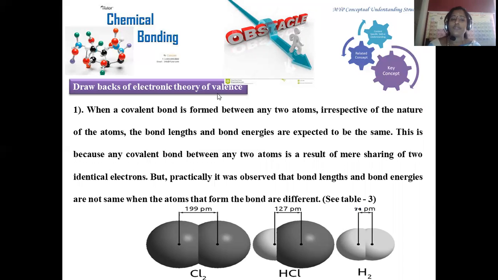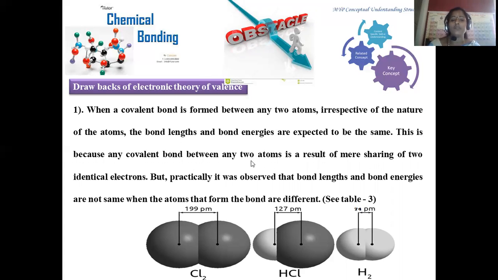But we face a few obstacles with this electronic theory of valency. Let us discuss the possible disadvantages. First, when a covalent bond is formed between any two atoms, irrespective of the nature of the atoms, bond lengths and bond energies are expected to be the same.